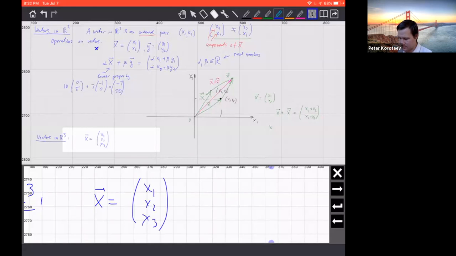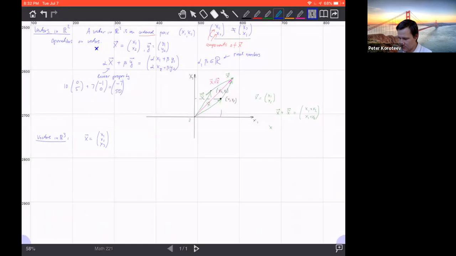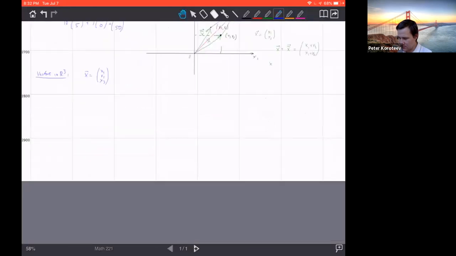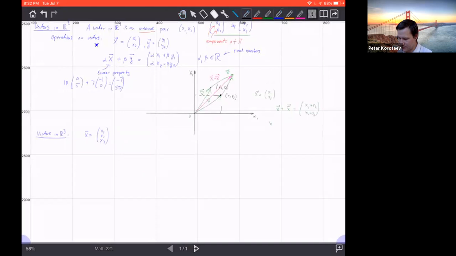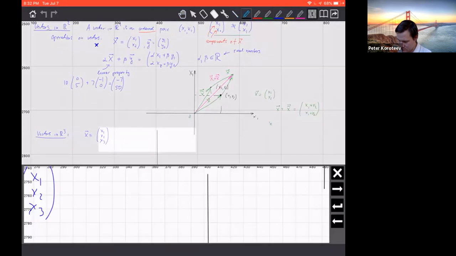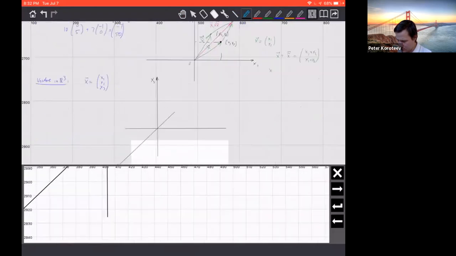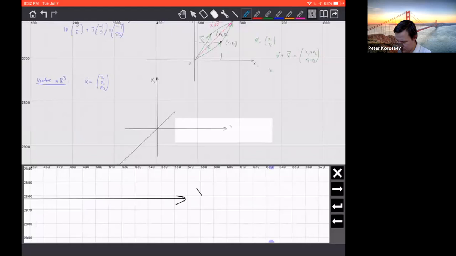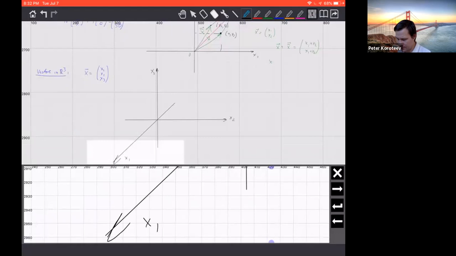Now we should think of this vector as a point in 3-dimensional space. Let's label the axes x1, x2, x3.